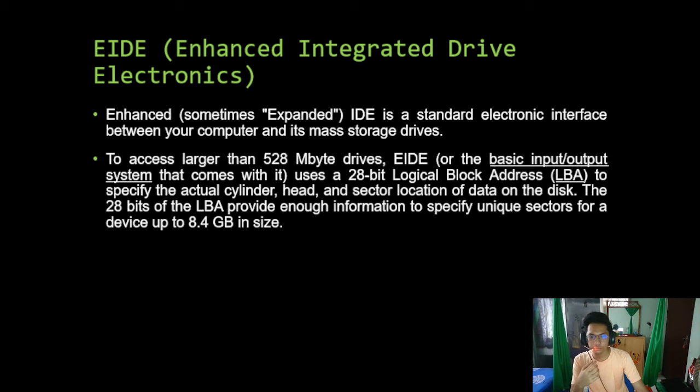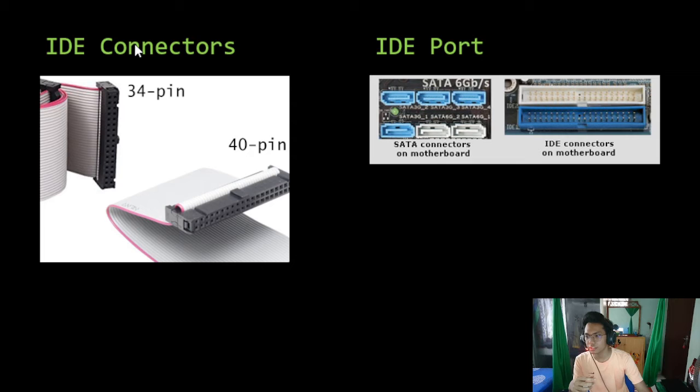The next slide shows the IDE connector. We have two types of connector, the 34 pin and also the 40 pin. On our motherboard, we have the IDE connector. As we can see in the second figure, the IDE connector has 40 or 34 pins.